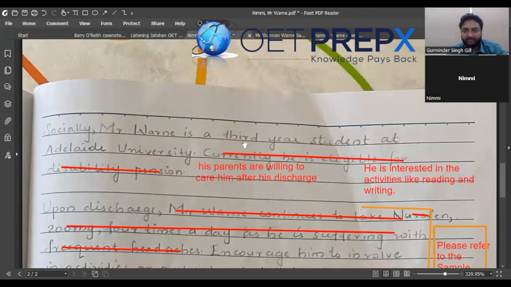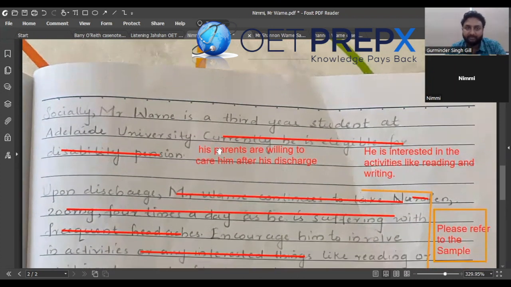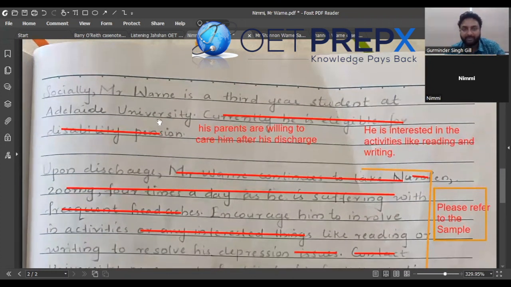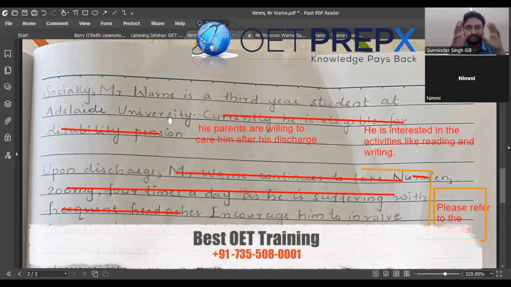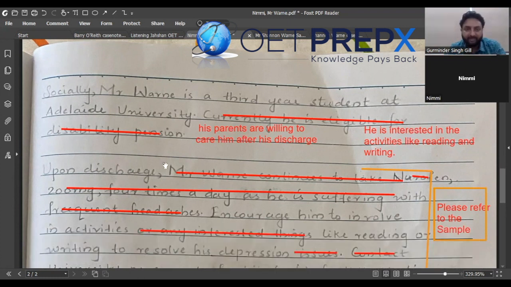So socially, Mr. Vaughan is a third-year student at Adelaide University. Now this is about the social life, the social part. So we can, in fact, mention specific information like his parents are willing to care for him after his discharge, and about his interests as well. So he's interested in activities like reading and writing. Now this is about the social paragraph. And then in the final requesting paragraph, we can request all the specific parts, right?